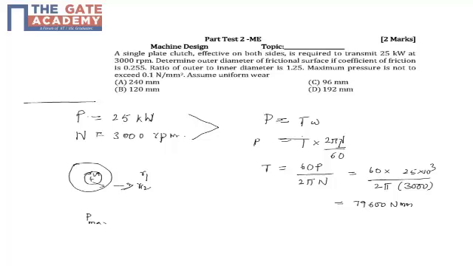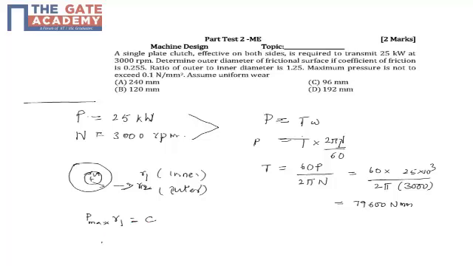The maximum pressure intensity, Pmax, occurs at the inner radius, and it decays outward as you look at the older clutch. So Pmax into R1 is constant. This is one of the equations that comes from the uniform wear theory.